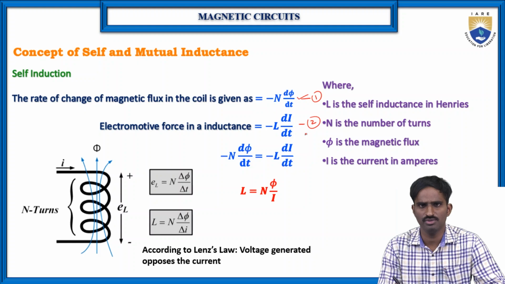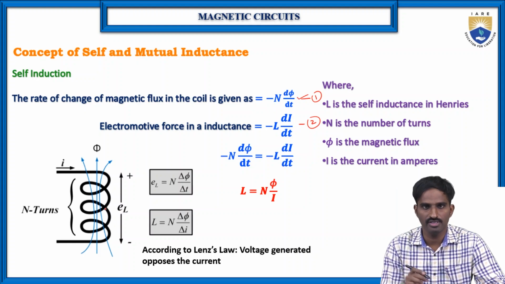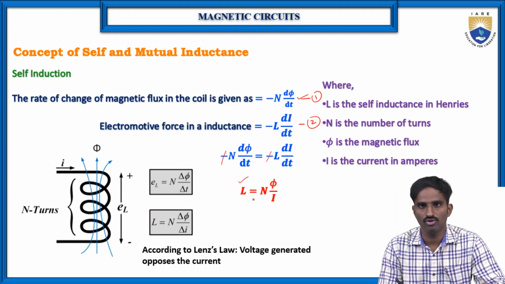Then equate equations 1 and 2, because both represent the EMF induced across the coil. If you equate and simplify, the minus sign cancels, and the inductance of the particular coil is L equal to N into phi by I.